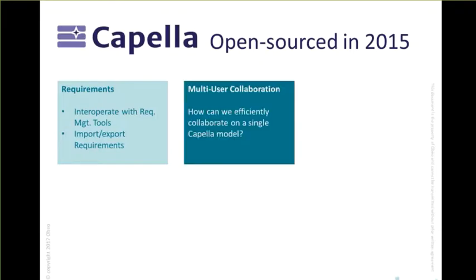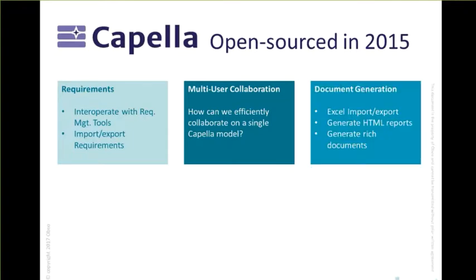The second topic was multi-user collaboration, how to efficiently collaborate on Capella models, trying to reduce the problem of configuration management and version management and merging, comparing files, and so on.